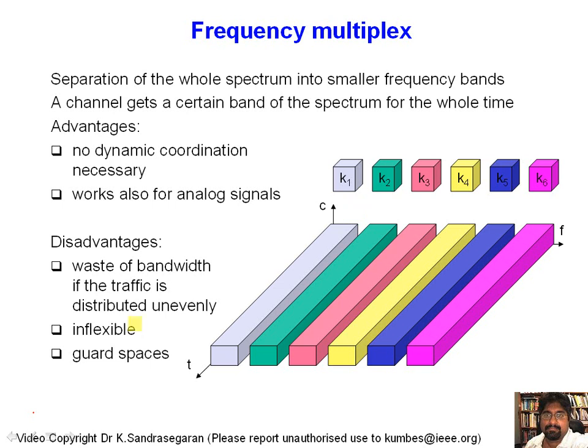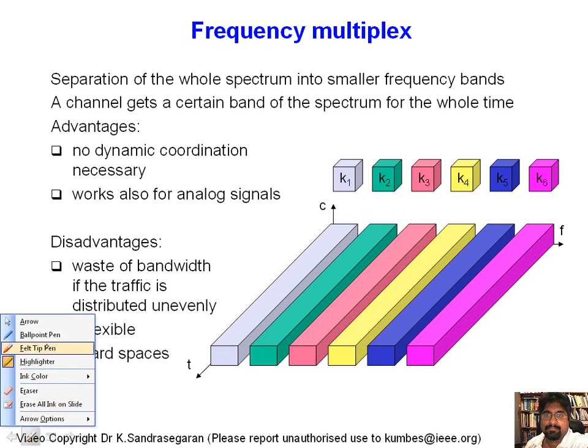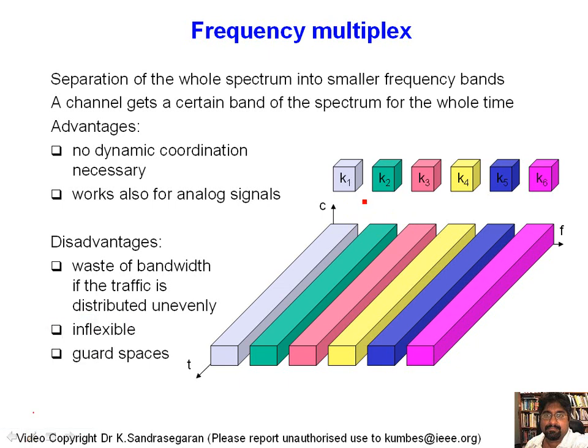So there's a little bit of inflexibility associated with frequency division multiplexing. The other thing is you also have to have good guard bandwidth in between the different transmissions. These bands that exist here are essentially guard bands that are used to make sure that one transmission does not interfere with the other.